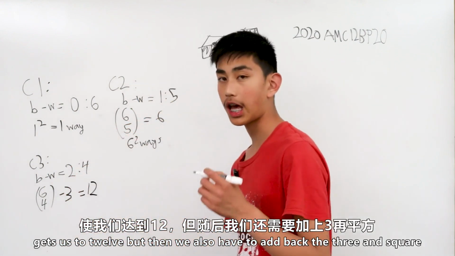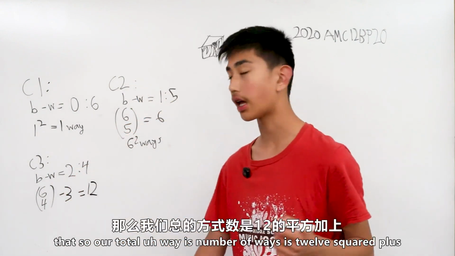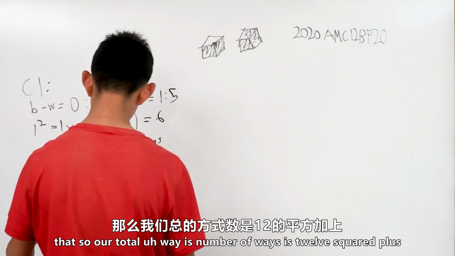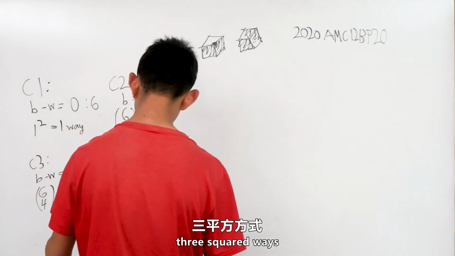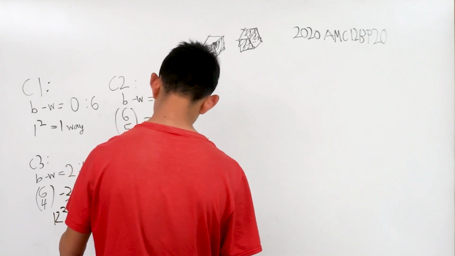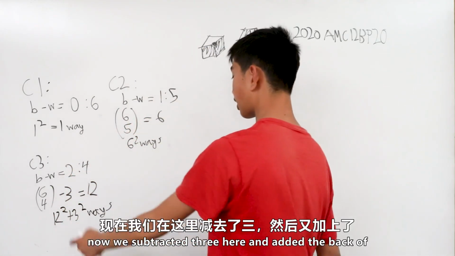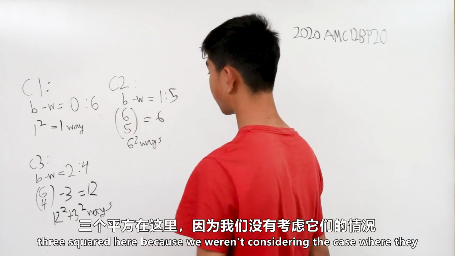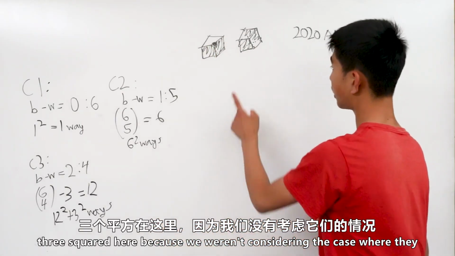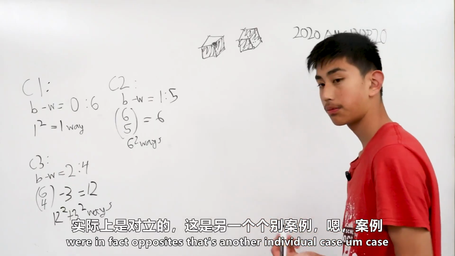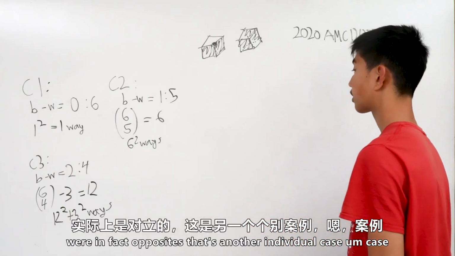But then we also have to add back the 3 and square that. So our total number of ways is 12 squared plus 3 squared ways. We subtracted 3 here and added back 3 squared here because we weren't considering the case where they were in fact opposites. That's another individual case.